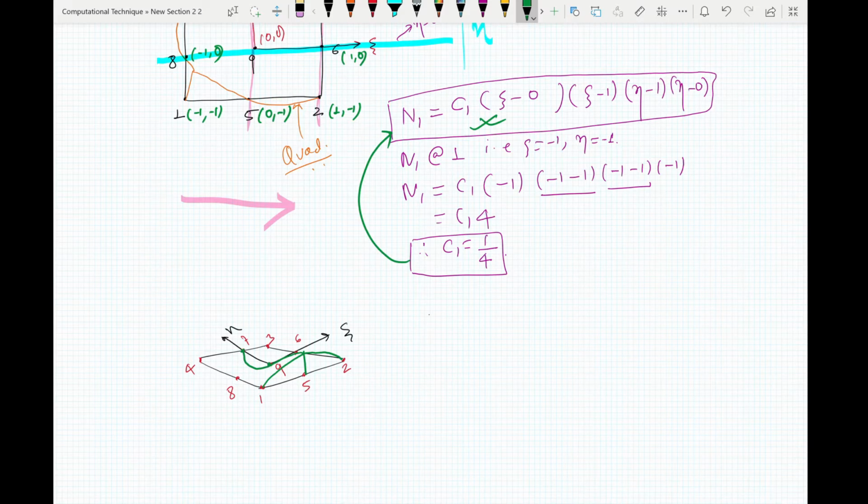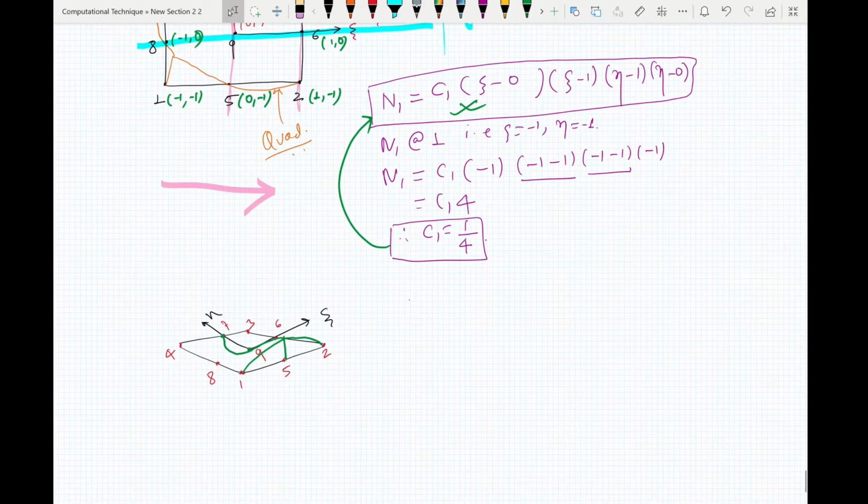So in the eta direction, N5 is 0 in this line here, and in the xi direction it is 0 along this line and along this line.